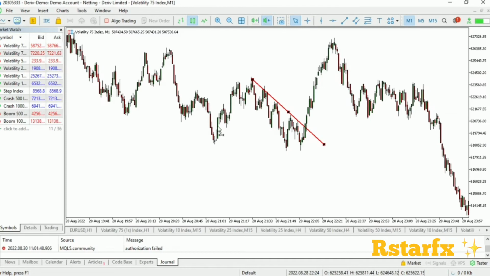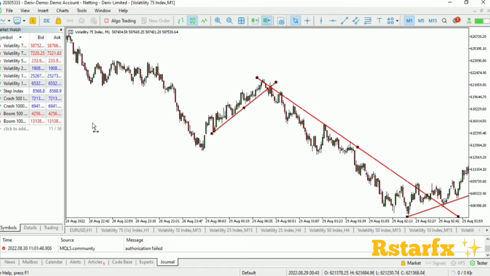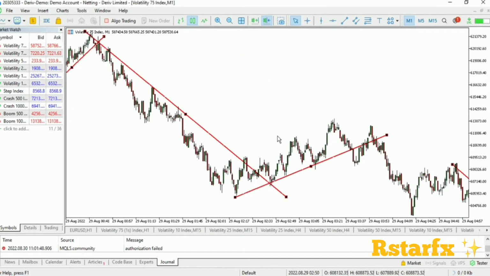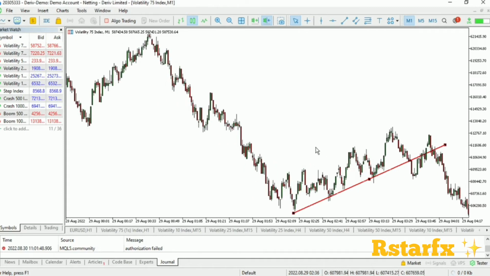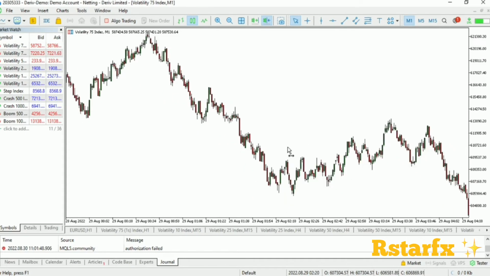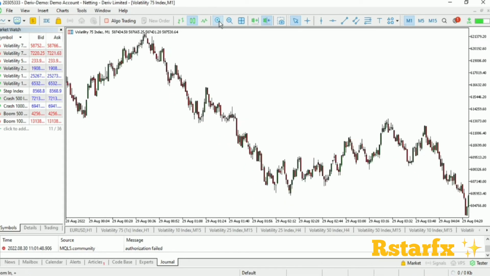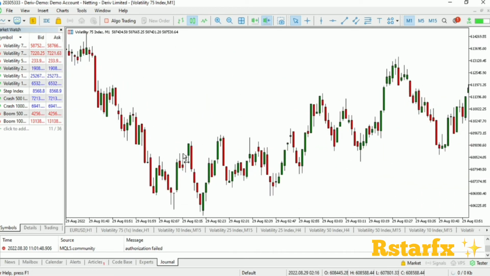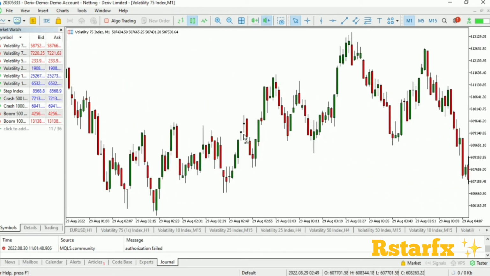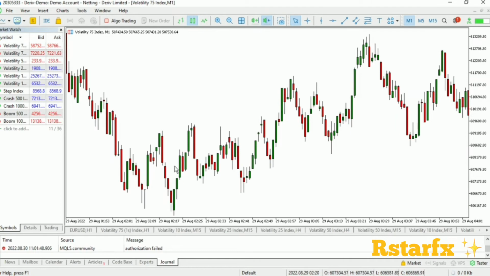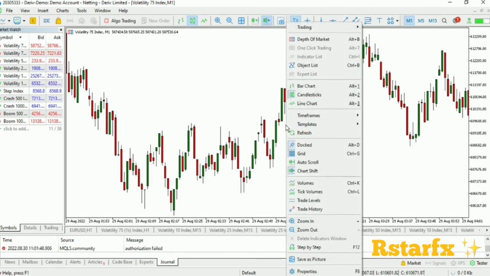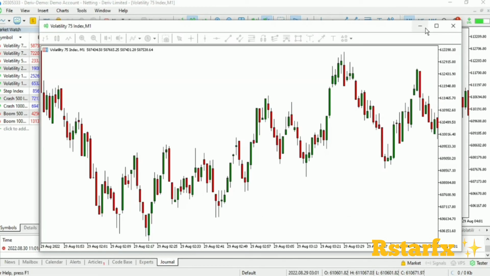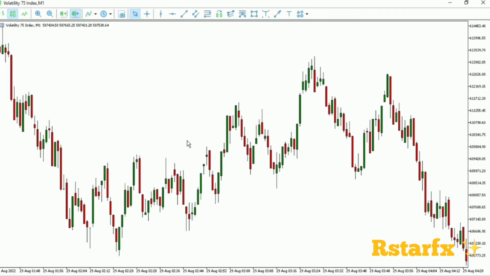Now let's go to the real charts to get started. I'm going to show you how the trend works on the real market. Now let's delete this and have a better view. Okay, now let's take an example here. You see, we have the market going up, right, like this?